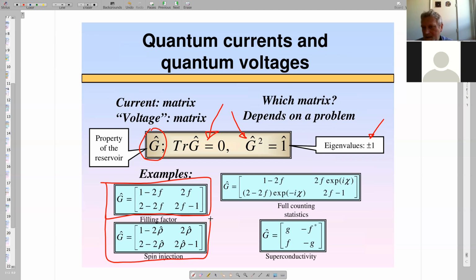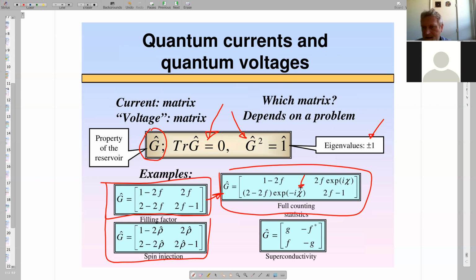If I would like to describe something like full counting statistics, well, I can achieve it by modifying this matrix, adding extra parameter, which is a parameter of, you remember, characteristic function of statistics of electron transfer.